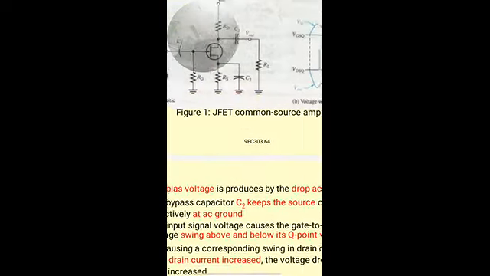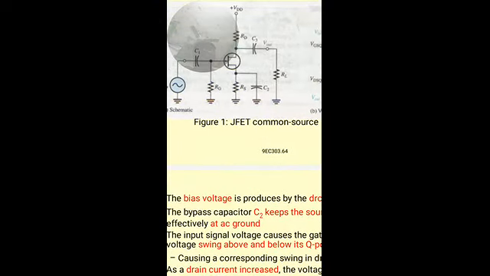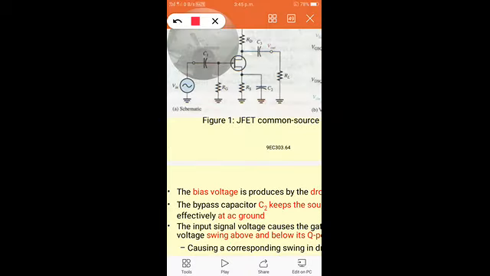So this is the voltage when VDD is applied. When this VDD is applied, we have a current ID flowing through this RS, going to produce some voltage Vs. This source voltage produced at the source terminal acts as the bias voltage.